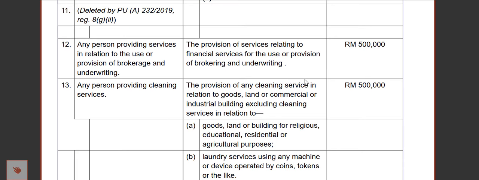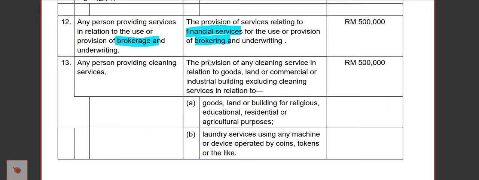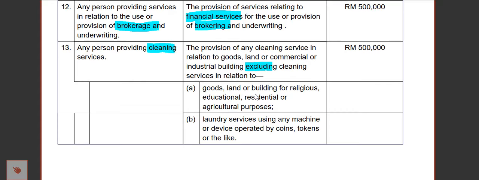Okay, now this is to do with anything that involve brokerage, like a remisier, bank, when they do brokerage for share trading, financial service where they will have brokering. Okay, cleaning service. Now cleaning service can be taxable. Exclude when the cleaning is in relation to goods, land or building for religious, education, residential or agriculture purpose.